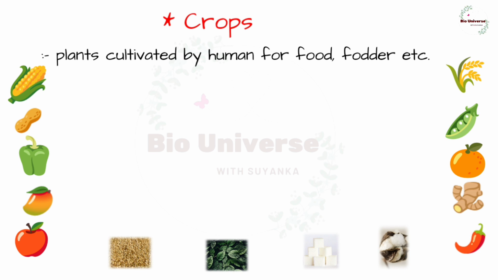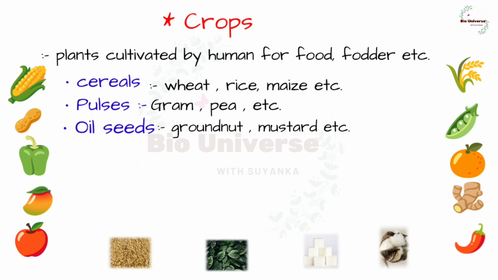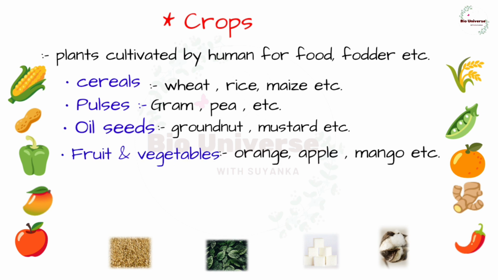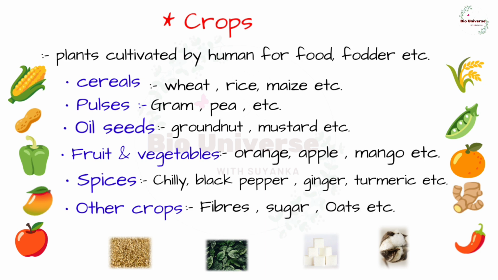The important types of crops are cereal crops, that is wheat, rice, maize, etc.; pulses, that is gram, pea, etc.; oilseed crops, that is groundnut, mustard, etc.; fruit and vegetable crops, for example orange, apple, mango, etc.; spices, for example chili, black pepper, ginger, turmeric, etc.; and some other crops, for example fibers, sugar, and fodder crops.